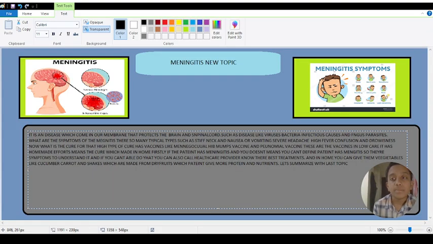Symptoms are the same as meningitis has, like walking problem, speaking problem, vision problem, and thinking problem. After completing meningitis, which will be finished in 2-3 days, we will start Alzheimer's disease, the next topic.